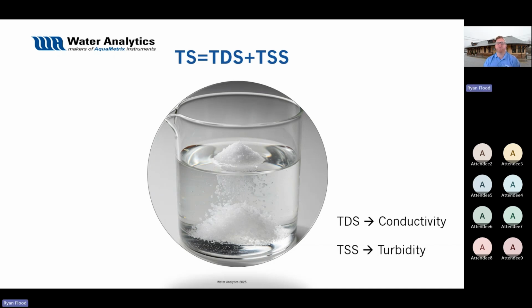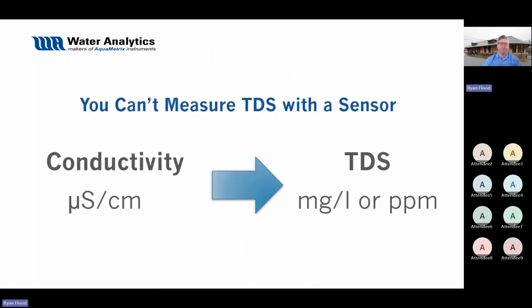You can measure these with more precise methodologies, removing all of the water and using filters, and people do get really precise calculations. But for conductivity, you're converting that to TDS. That's what a sensor is doing. It's not actually taking the water out of the equation and weighing and measuring the solids that are in that water.